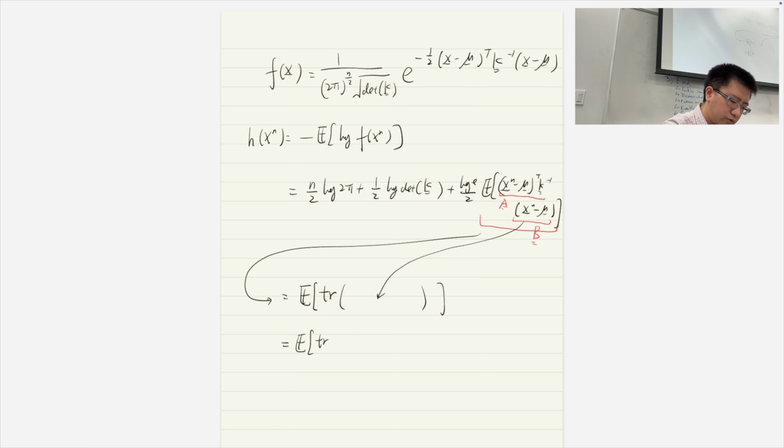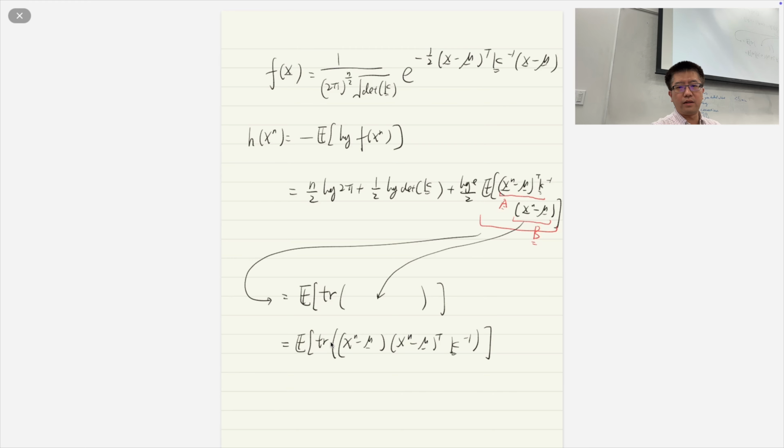the expectation of the trace. So we'll write B first, x_n minus mu, and x_n minus mu transpose. Okay, very good.